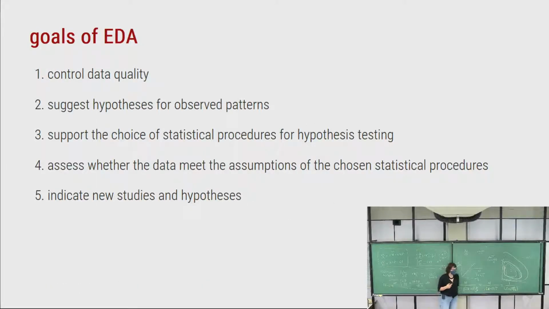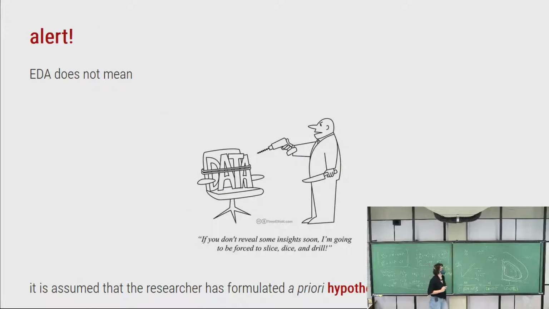Why am I saying all of this? Because when we are analyzing data, the first thing is that we need to have a hypothesis. And that means that exploratory data analysis is not data torture. So after we collect the data, we're not trying to extract something new.